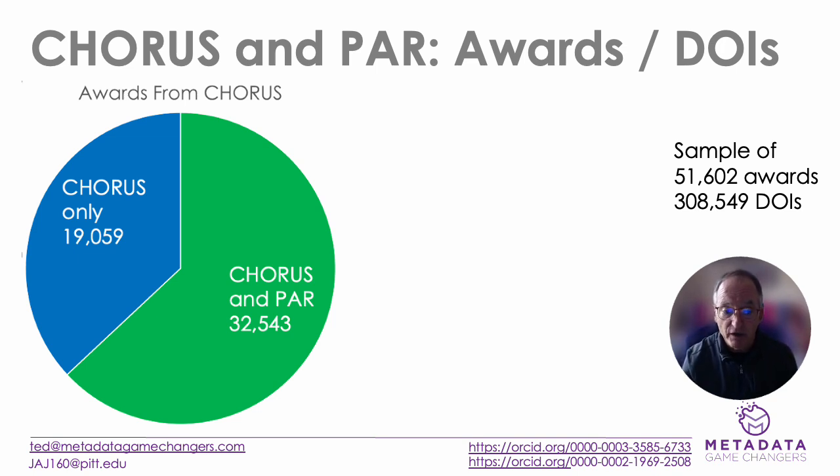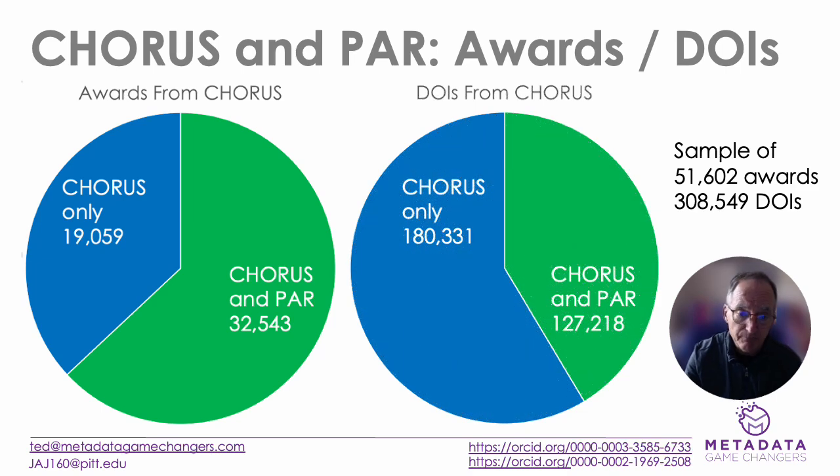So there's quite a large number of awards that make it through the chorus data journey, but do not make it through the par data journey. The same is true for DOIs associated with them.